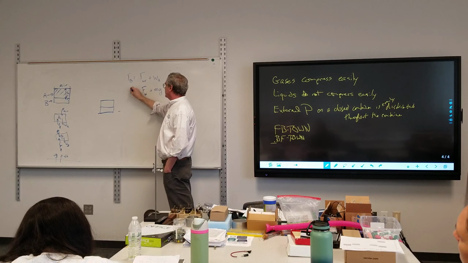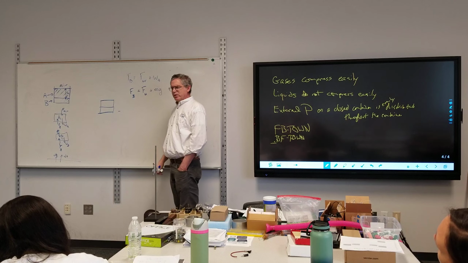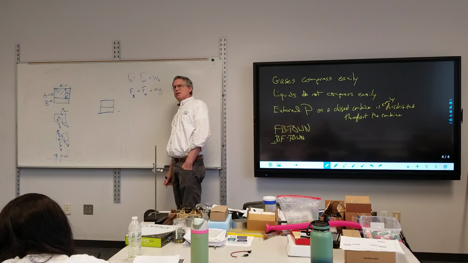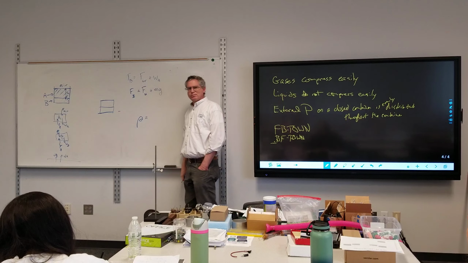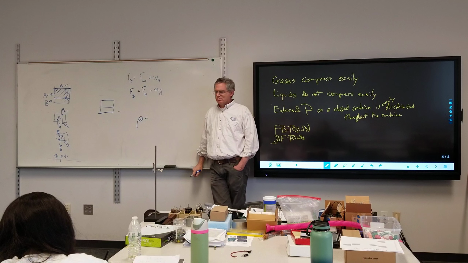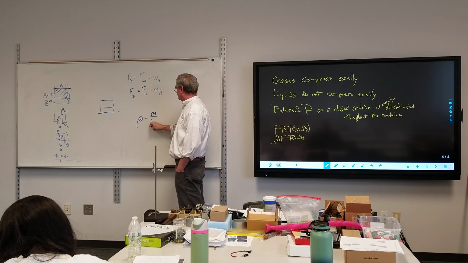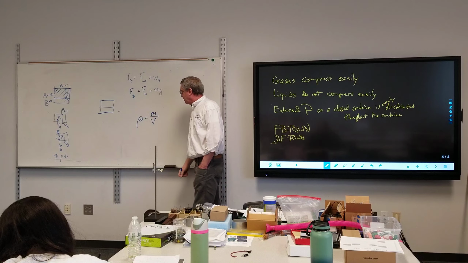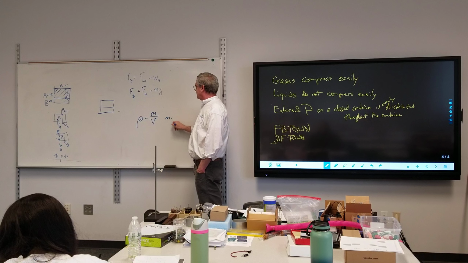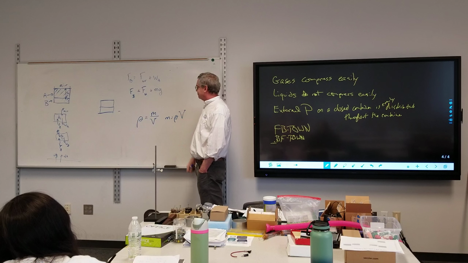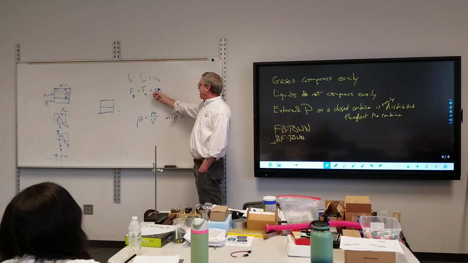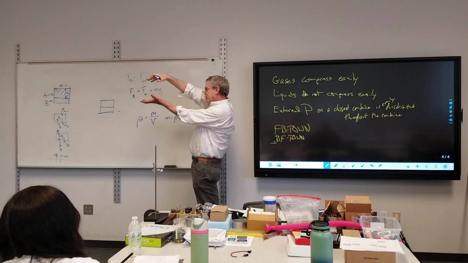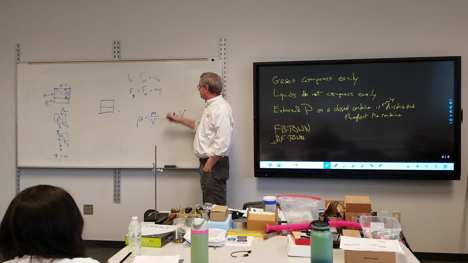Now, in terms of density, what's the relationship between mass and density? Density is mass over volume. So therefore, mass is just density times volume. So instead of mass here of that whole upper section right there, I'm just gonna make a little substitution.